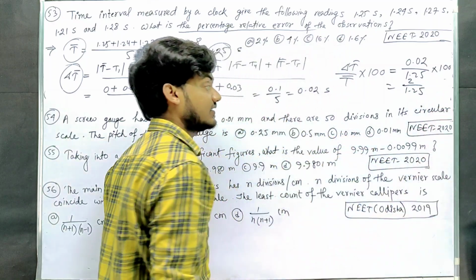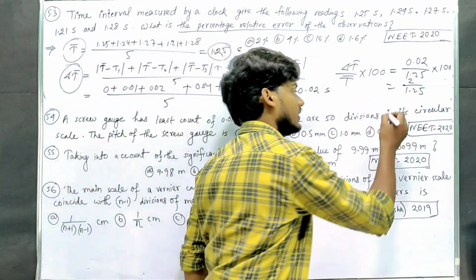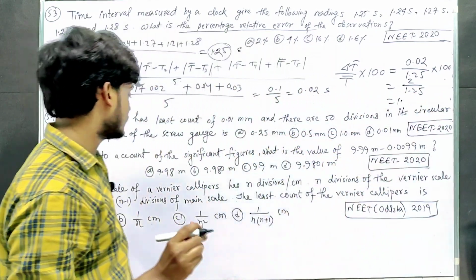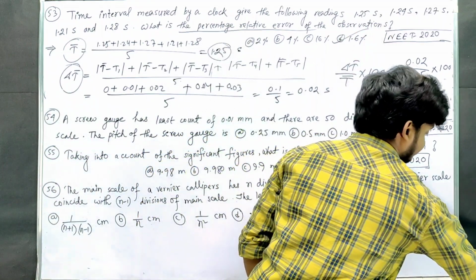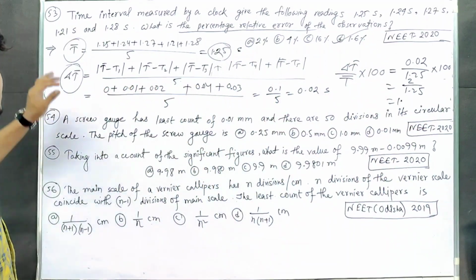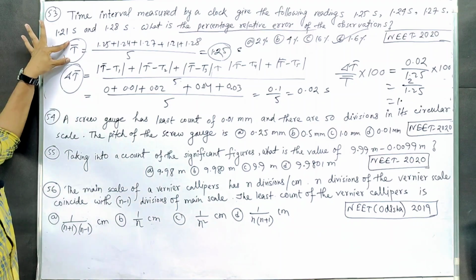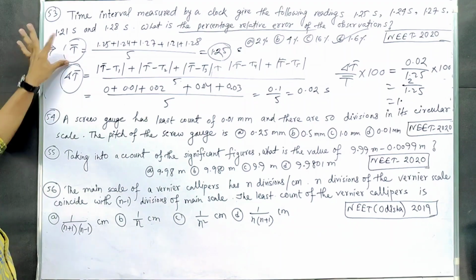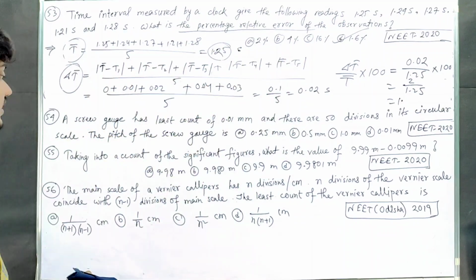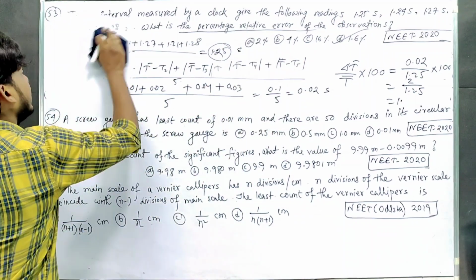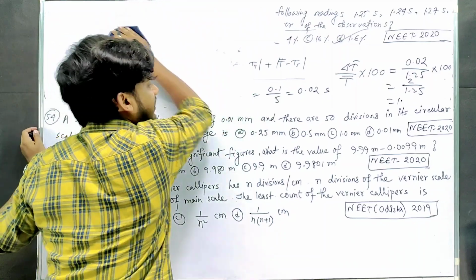If we divide 2 by 1.25, it will be 1 point something. Where is 1 point something? 1.6. This is the answer. So first find the mean, after that the mean absolute error, then the relative error. Okay, next, 54. Let's try 54.